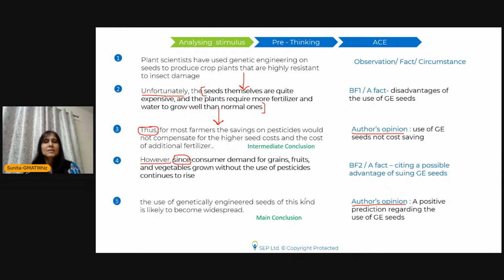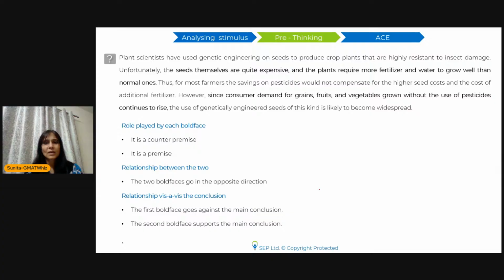So the second boldface is a premise, supporting the main conclusion. And the first boldface is a counter premise because it is pointing out a negative side of the genetically engineered seeds. So if we pre-think, the first boldface is a counter premise to the main conclusion.